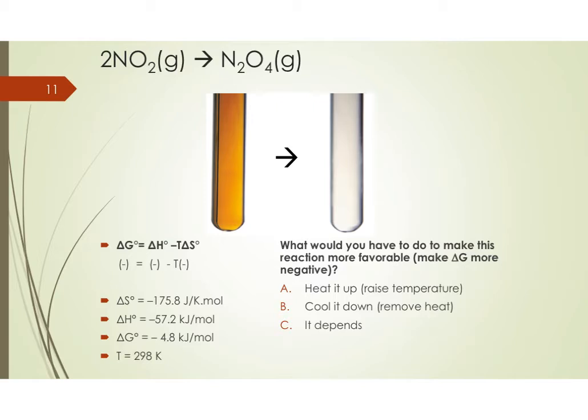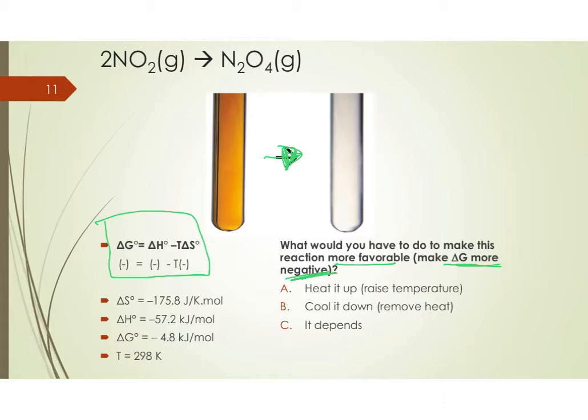All right, so I kind of gave you the answer already, but see if you can answer this yourself. Just reminding you of the signs we've established for the variables. What would you do to make the reaction in this direction more spontaneous? More favorable or more spontaneous means you want to make delta G more negative.